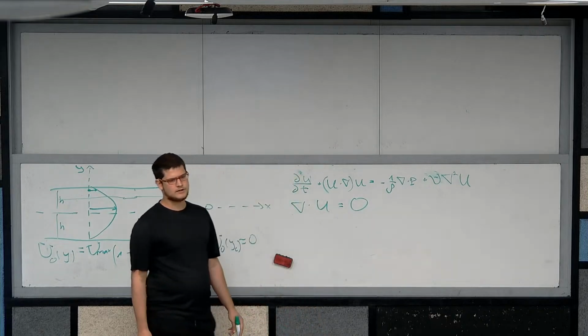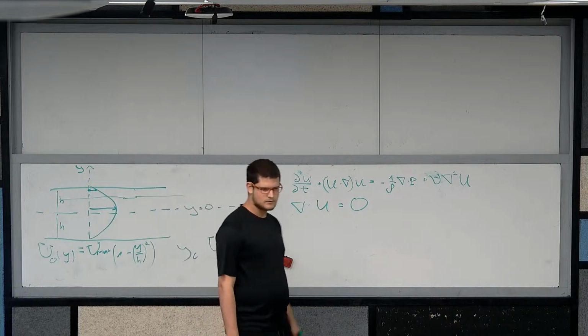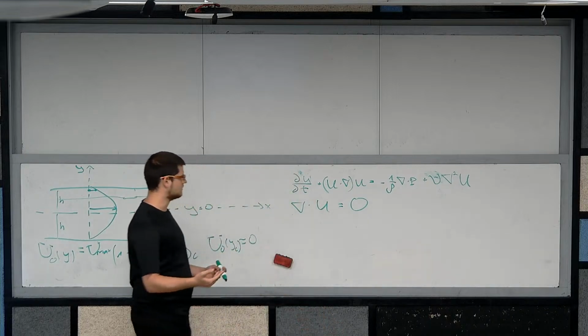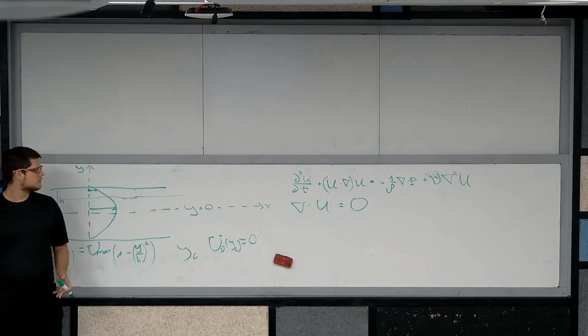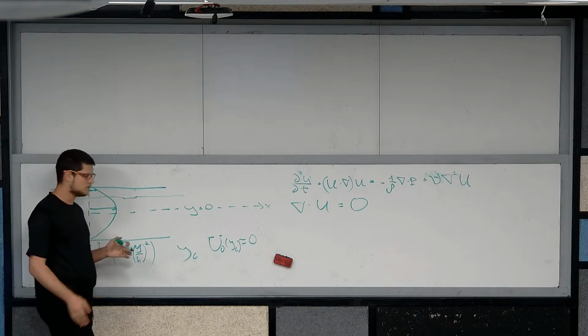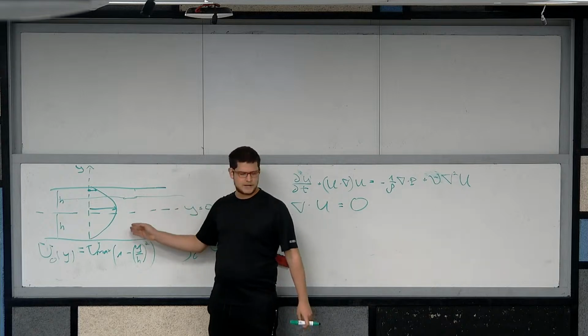Okay, you can read a little bit. Something nice is on streamlines. Read about it later. I want to continue. So we know we have a stable laminar flow in all of that pipe.